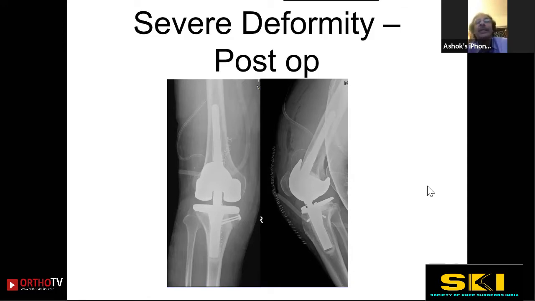We are great lovers of the trabecular metal cones. We have described a stacked cone for periprosthetic fractures, and I'll show that in one of my revision patients as we go along. So we use that typically, even in primary situations, only for central defects.